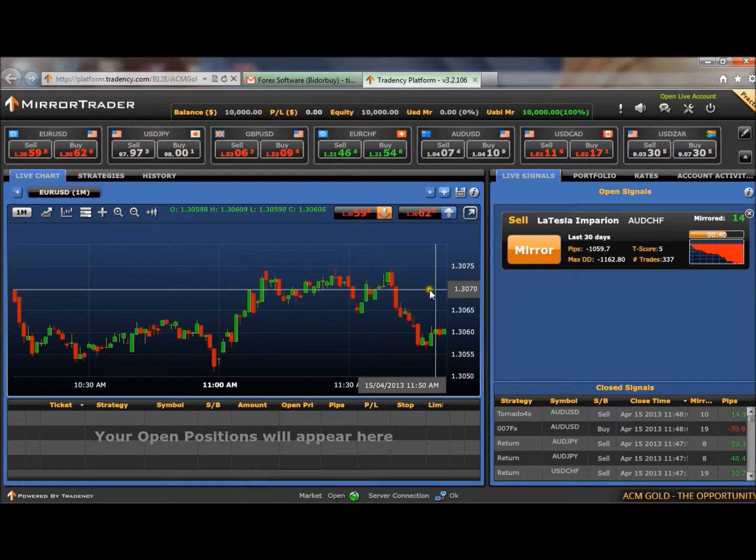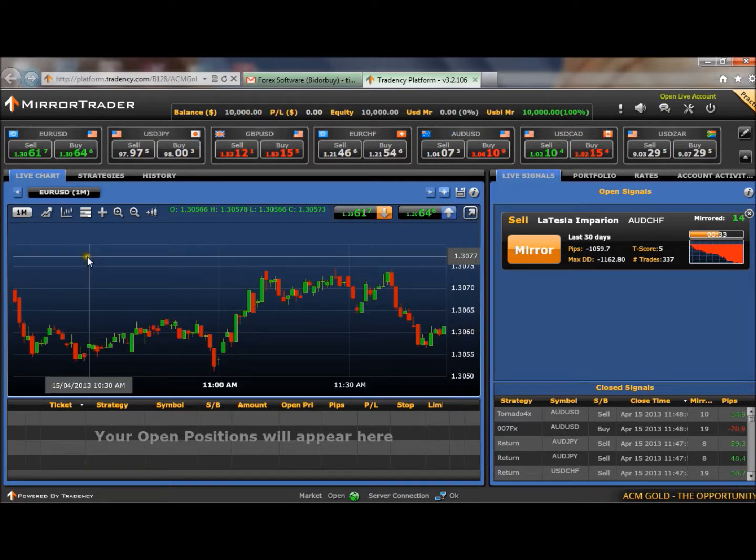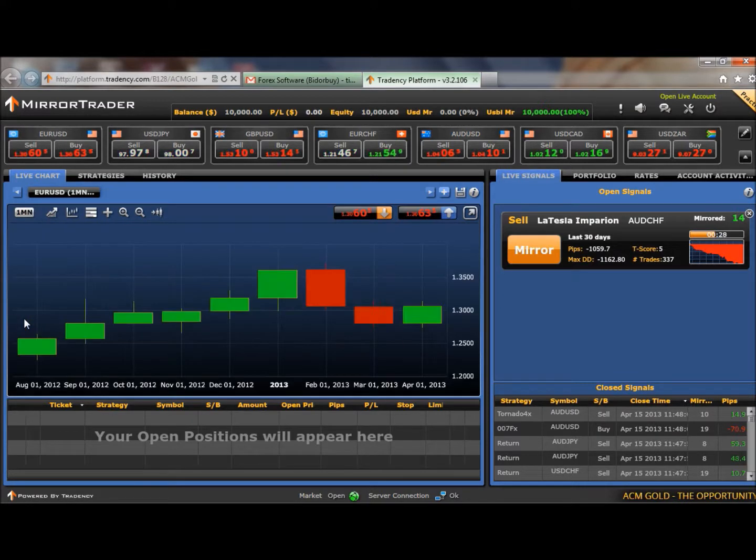You'll see there's a new candle forming on the right here as we're talking, because it's a minute. You'll see it moves very fast, right? And then you can also change it up to 1 month, depending on the data we have on the server. You'll see these are month candles. Okay, so you can change that.